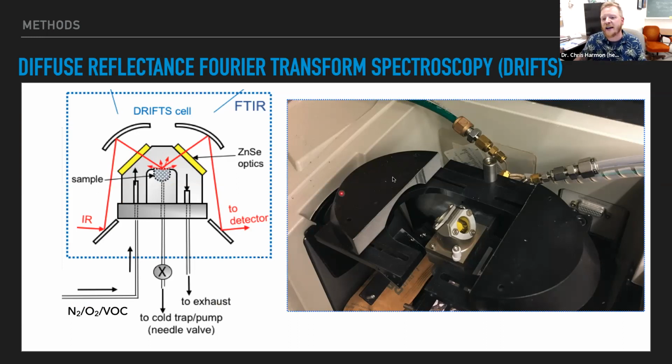Okay, and you can see that here in this picture. This is the entrance, gases going into the cell, and this green tube right here is gases coming out of the cell. So this is always, in our experiment, open to the atmosphere. So this long line goes off to the hood, and it's open to the atmosphere so that we can maintain atmospheric pressure inside our drift cell, which is a goal to study this chemistry at atmospheric pressure.